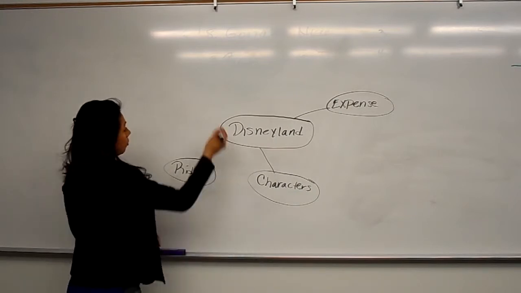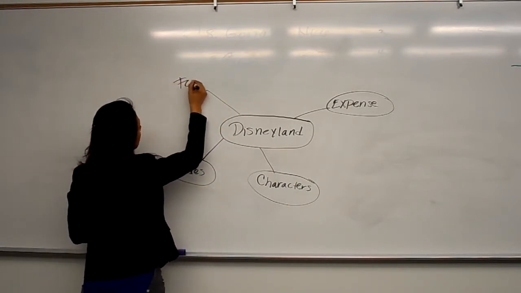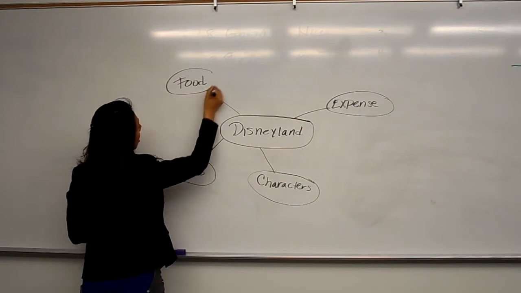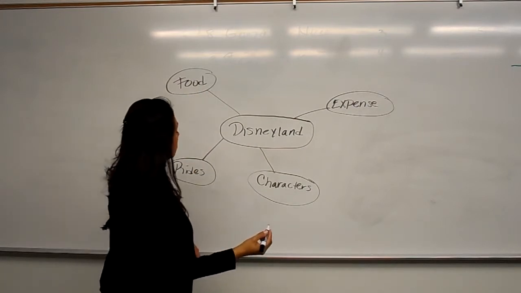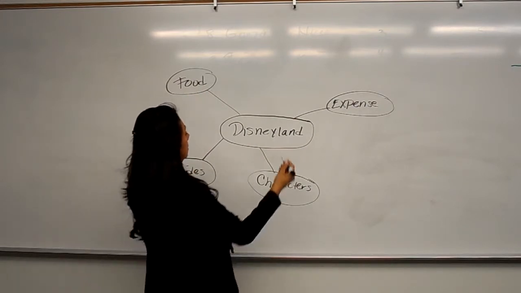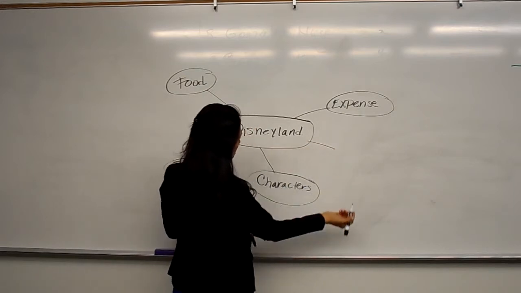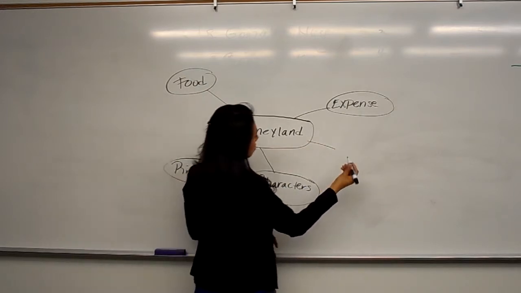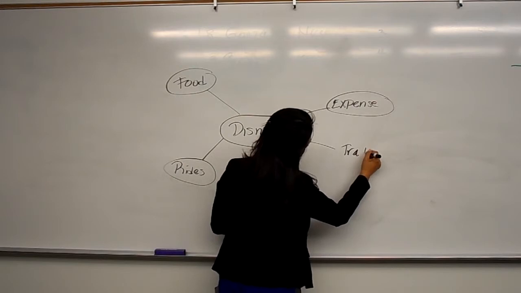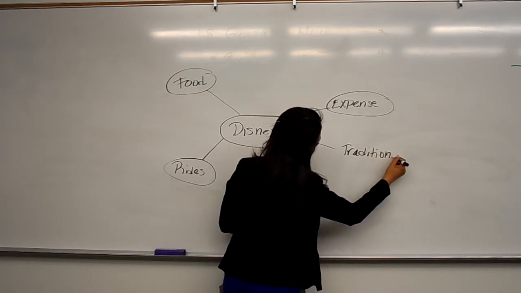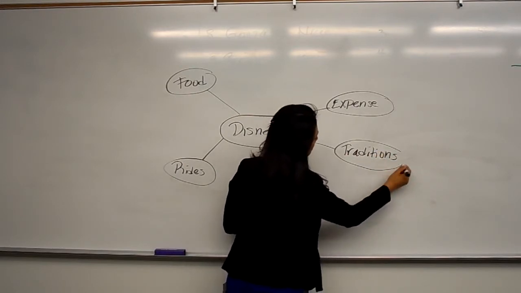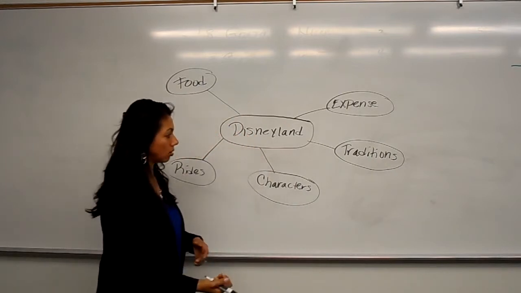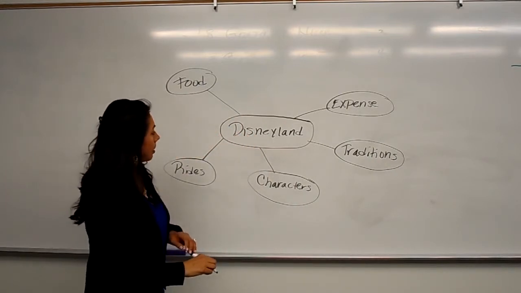I'm also thinking about food. And I'm thinking about, let's see, maybe traditions. Because going to Disneyland is a tradition for a lot of people. They go there for birthdays, they go for special occasions, whatever it may be.